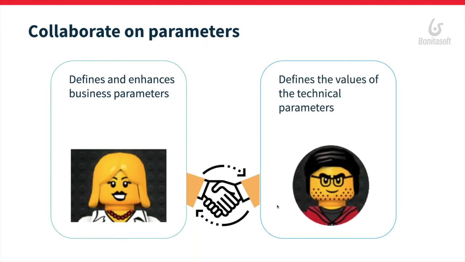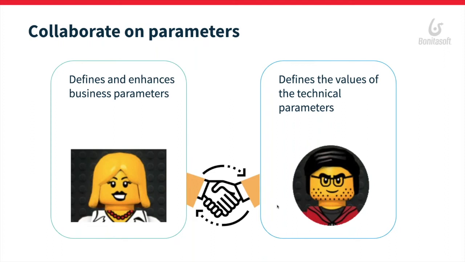Then Dave will define the values of the technical parameters, such as the SMTP server, things like that, or the calendar configuration, for example. What is interesting if you use Bonita Enterprise Edition is that the parameter will be available for live updates when you are in production, which means that you are going to be able to update it live through Bonita portal without being obliged to release a new version of the process to modify it.